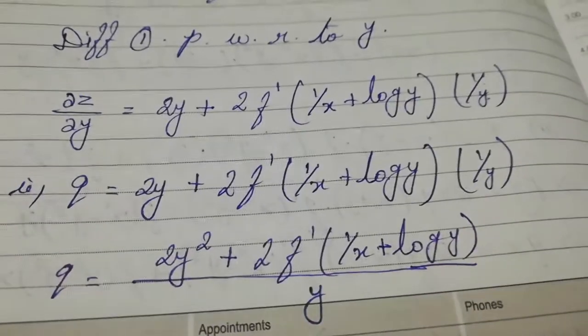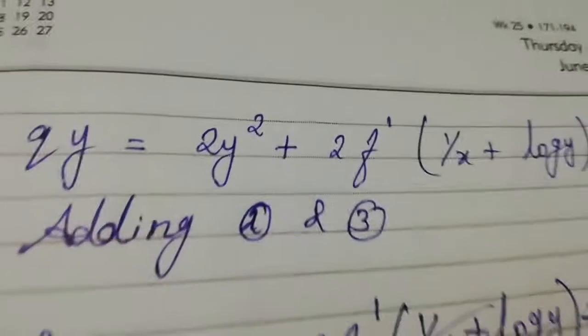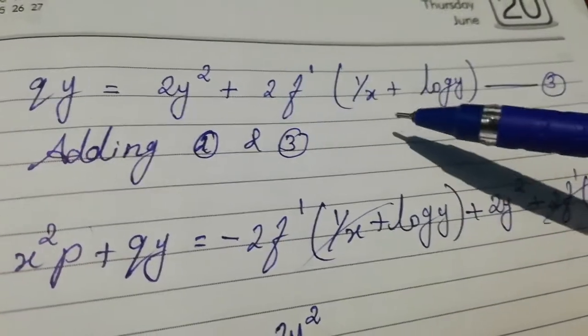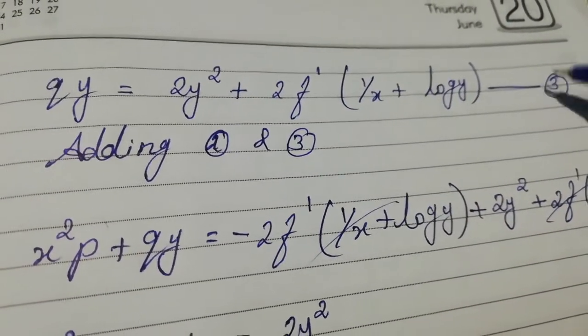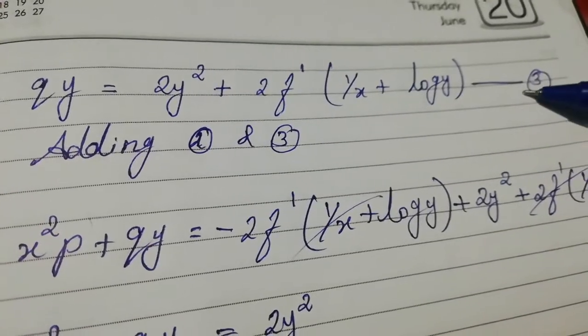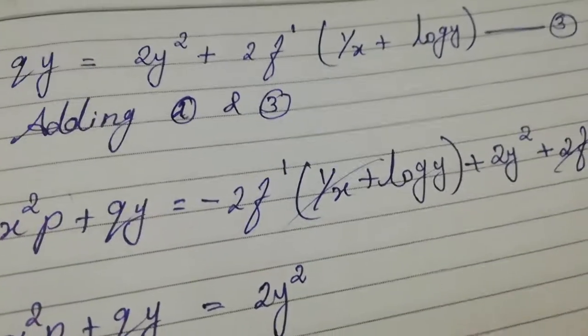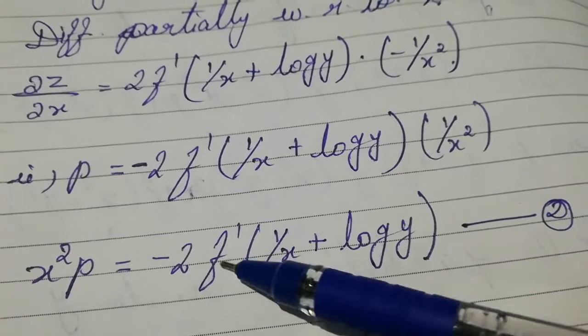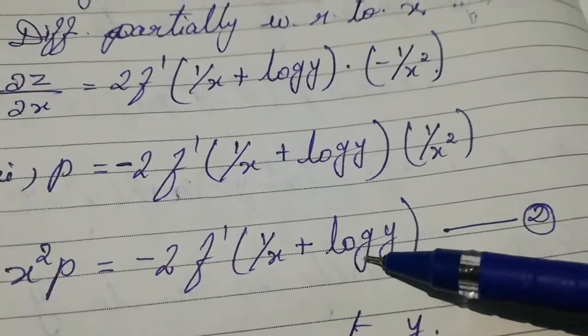Okay. And we cross multiply this. We get qy is equal to 2y square plus 2 into f dash of (1 by x plus log y). Okay. So this is equation 3. The second equation is x square p is equal to minus 2 into f dash of (1 by x plus log y).